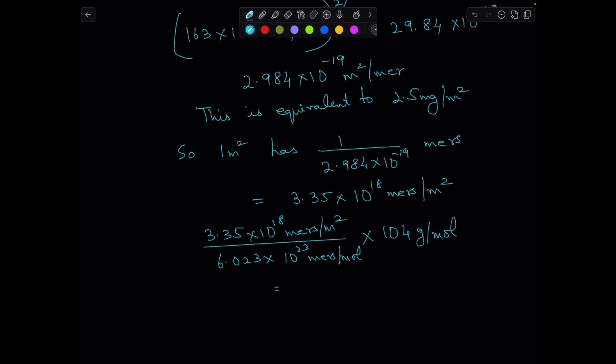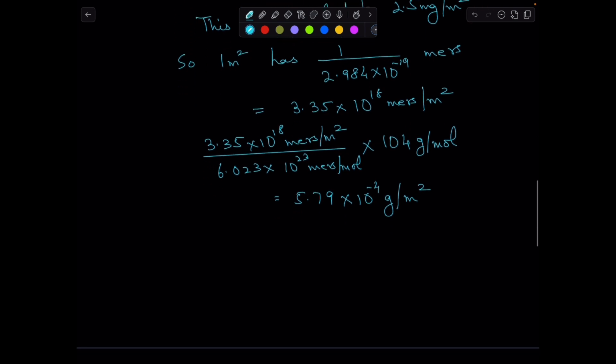So this gives us how much mass, which is 5.79 times 10 to the negative 4 grams per meter squared, or 0.579 milligrams per meter squared.